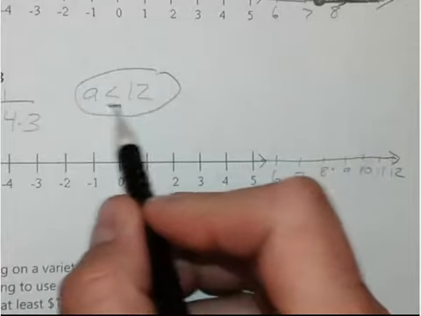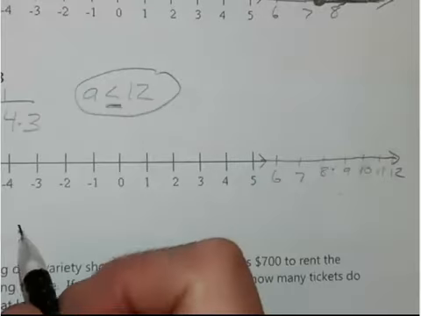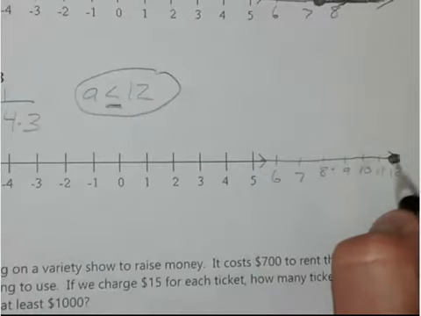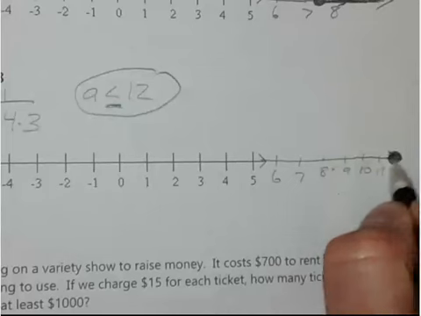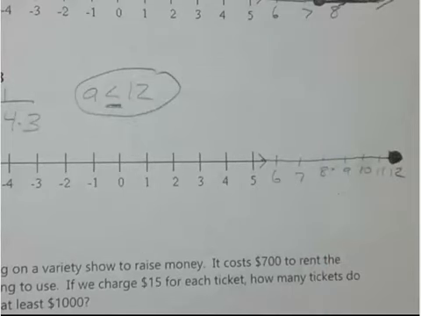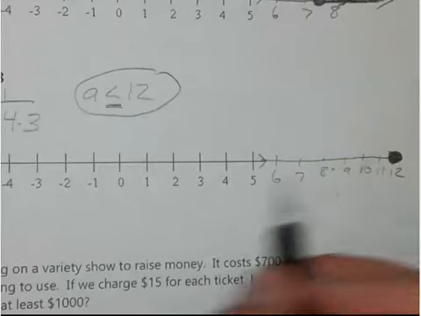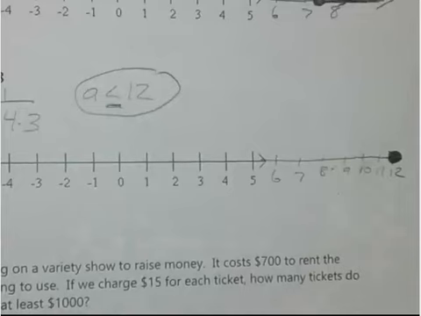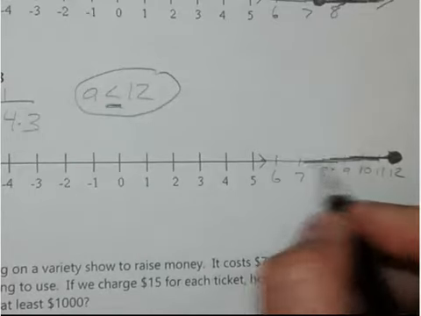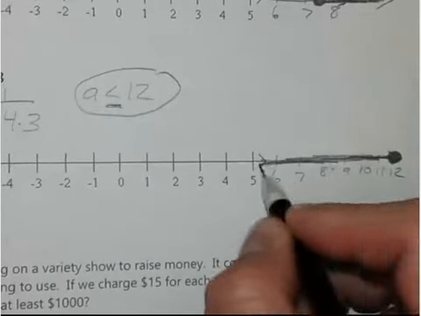This is less than or equal to, that line underneath indicates a closed circle on 12. A is less than or equal to 12. A number less than or equal to 12 could be 12, could be 11, 10, 9, 8, 7, all the way down to negative infinity. So our arrow is going to go to the left.